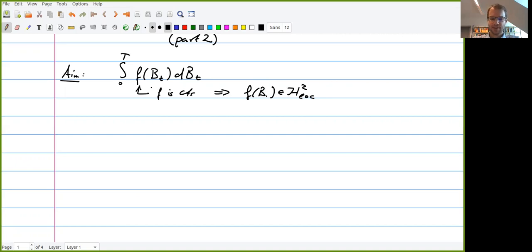And what I want to show you now is that, as we expected, or as we constructed the integral, this integral is defined as a limit of left point Riemann sums, or can be approximated by left point Riemann sums. Of course, then you could make it the definition, but we defined it differently.